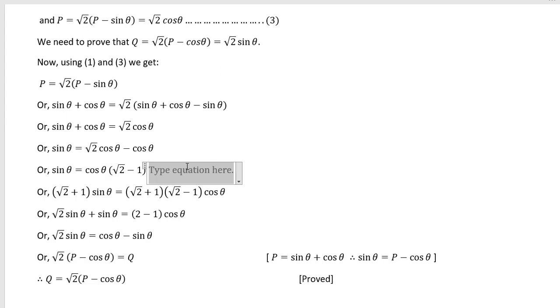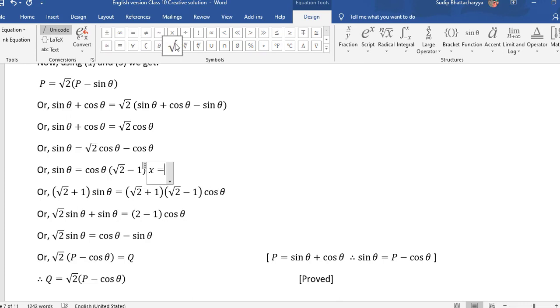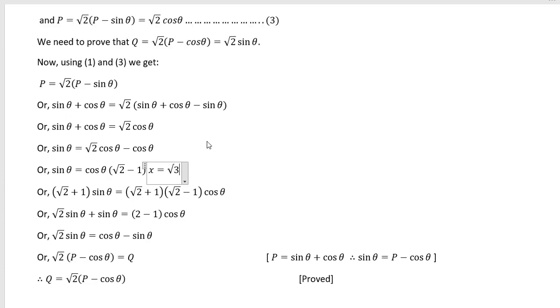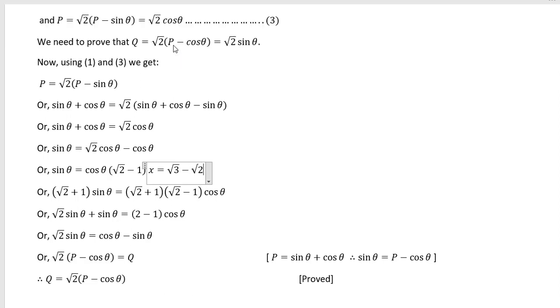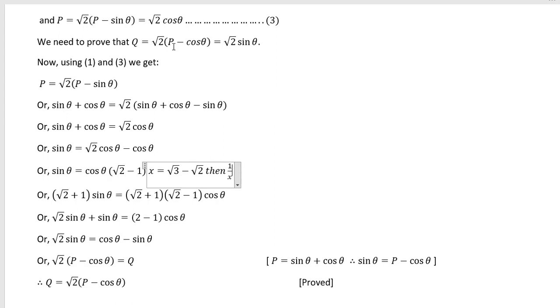Like x equal to root 3 minus root 2, then 1 by x equal to what? And x square minus 1 by x square equal to what? This kind of question you have answered in your algebra.